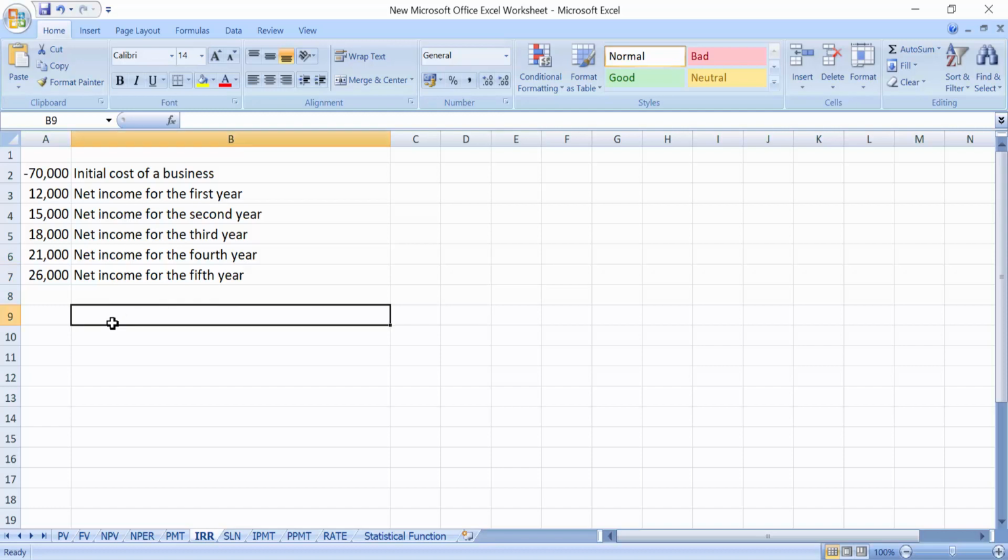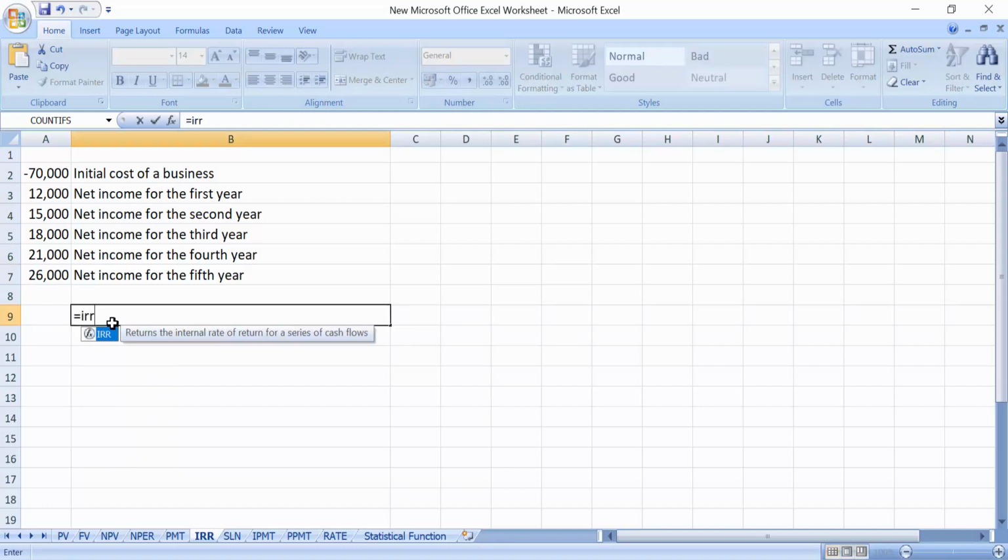Here, the syntax of this IRR, let me explain this. फर्स्ट वन इज़ वैल्यू एंड ऑप्शनल जो है वो गेस है. ठीक है. Now here guess is a number that you guess is close to the result of IRR. ठीक है. You can guess that number. एंड वैल्यू मीन्स व्हाट?